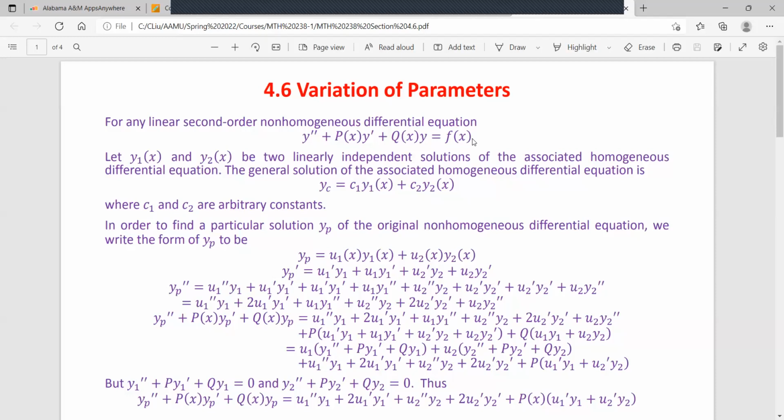So variation of parameters is a different approach. It assumes the particular solution, or it derives the particular solution, as some function u1 times y1 plus some other function u2 times y2, where y1, y2 are the two linearly independent solutions for the associated homogeneous differential equation.